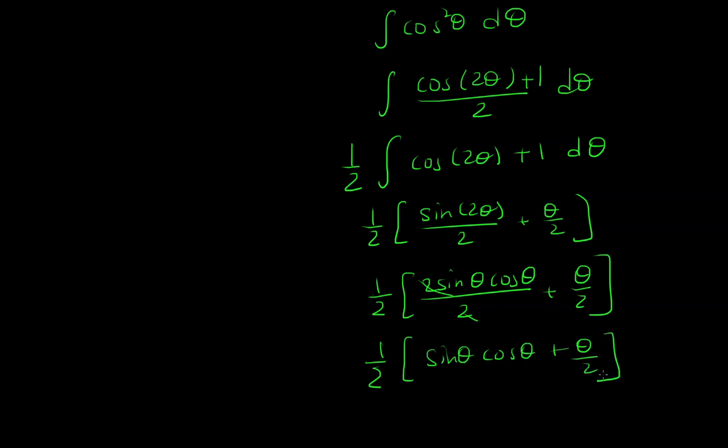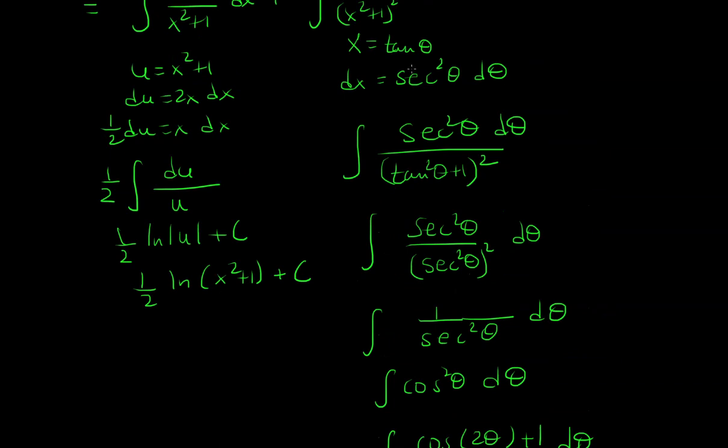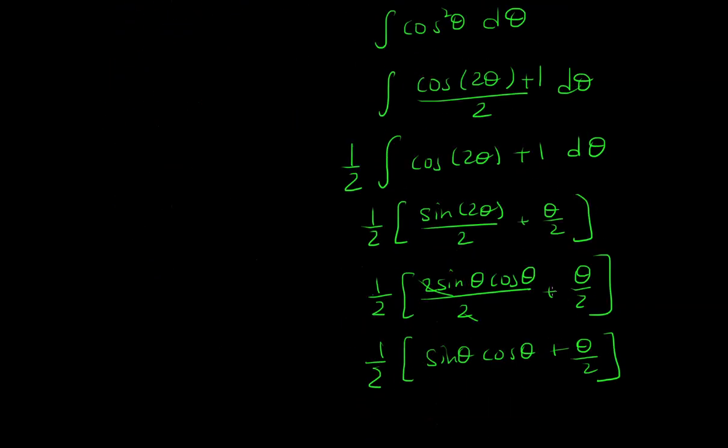Okay, now we need to replace what sine theta, cosine theta, and theta are. So we'll go back here. We said x was tangent theta. So if we draw this out, draw a right triangle, call this angle theta. Tangent is opposite over adjacent, so I'm going to put this over 1. That means the opposite side is x. The adjacent side is 1.